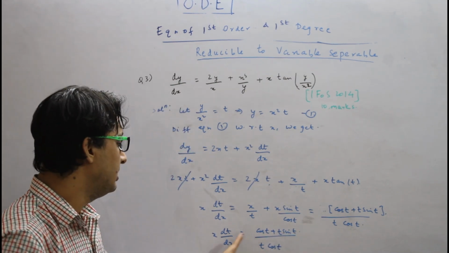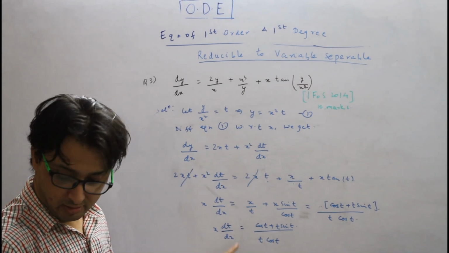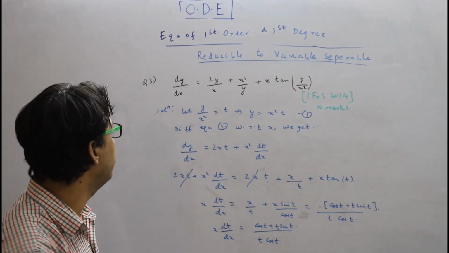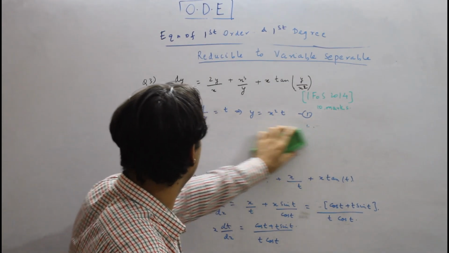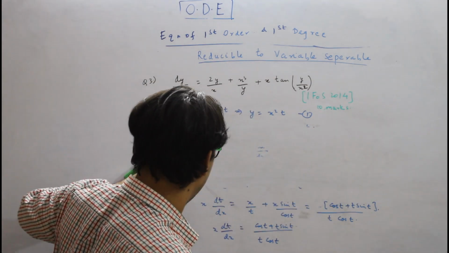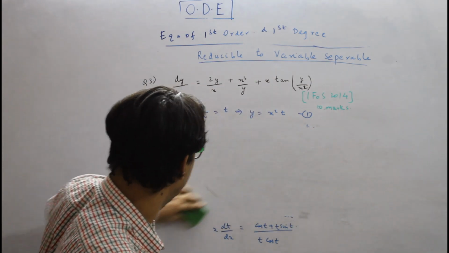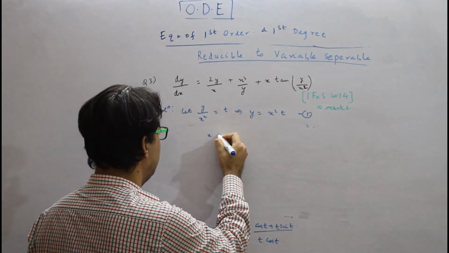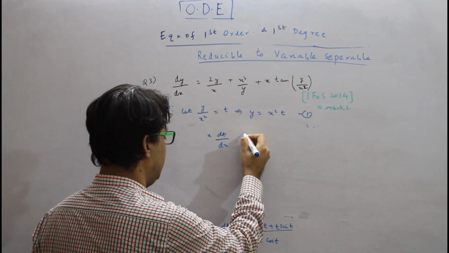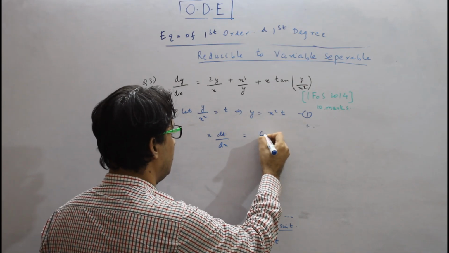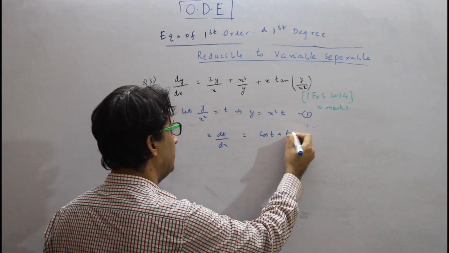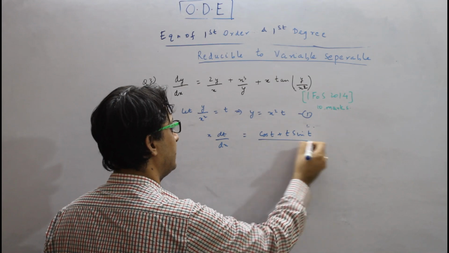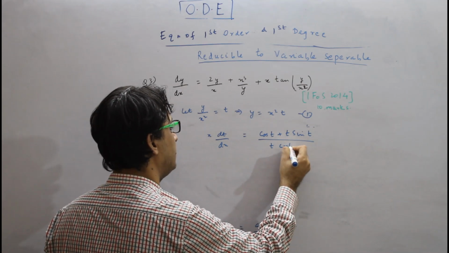Now I can see it is separable, and now I can solve it. So I will write it here in the upper portion, my equation. So this becomes x dt by dx is equal to cos t plus t sin t divided by t cos t.